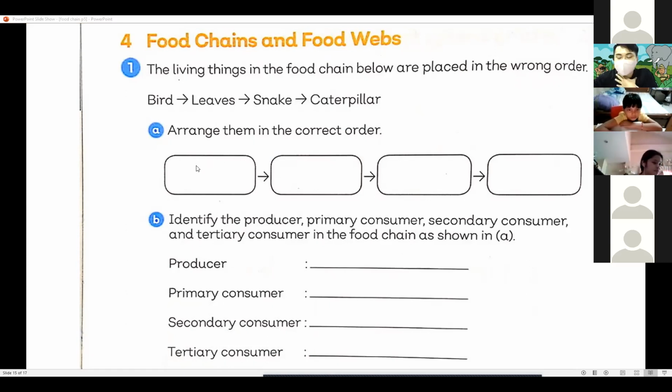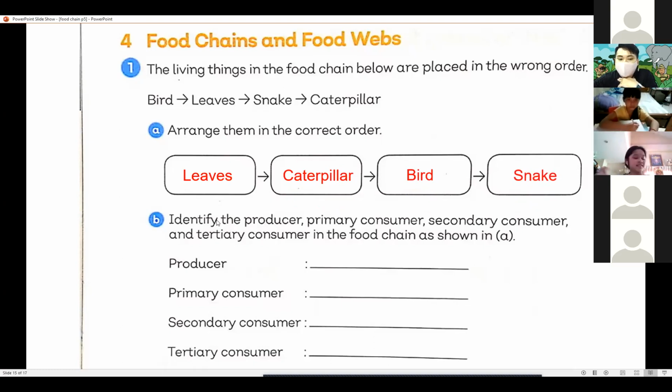Which is the producer? Leaves. Okay, write your answer. How about the primary? Bird, snake, caterpillar. Caterpillar. The secondary. Bird or snake? Bird. Very good. And lastly, snake.